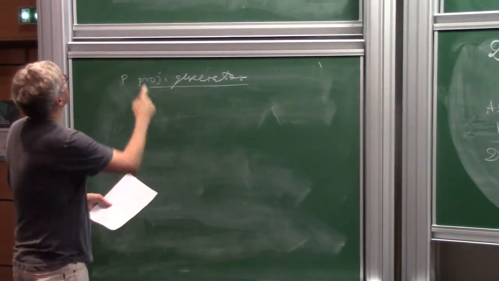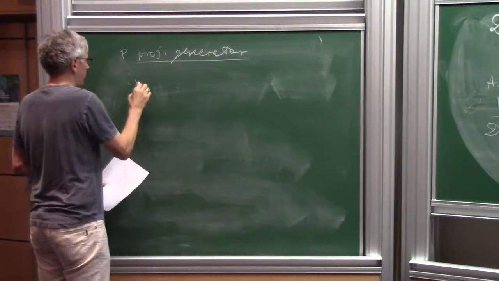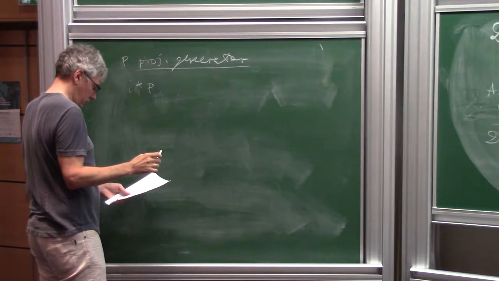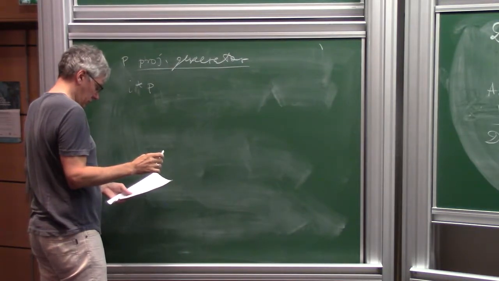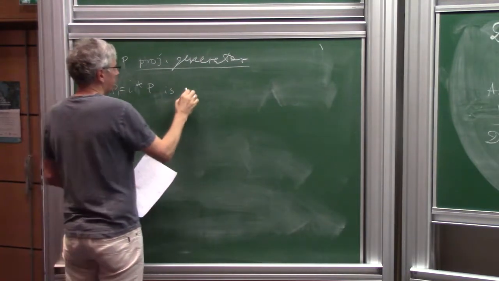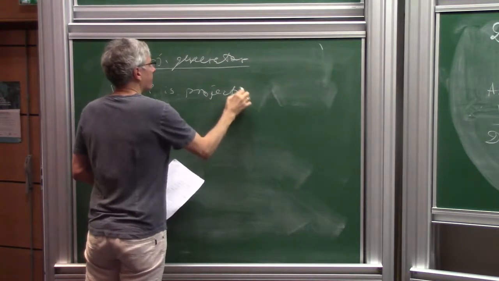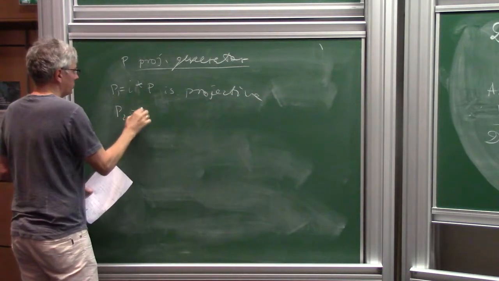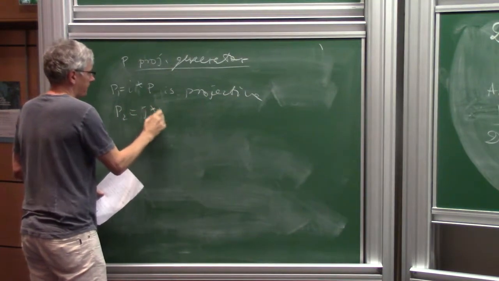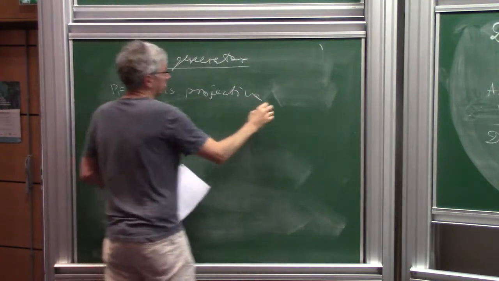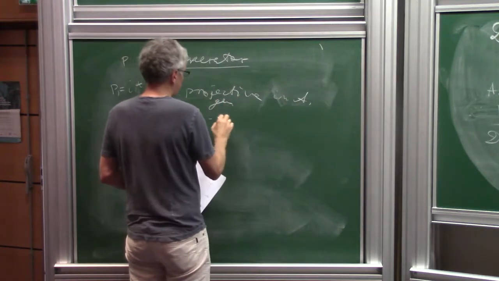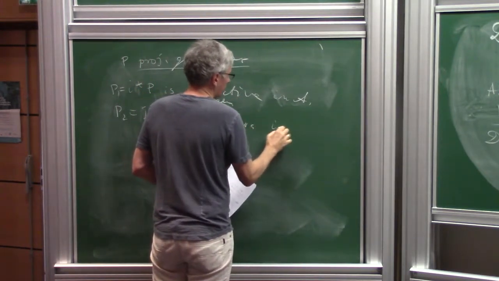Then under this condition, you have that i^*(P), say P1, is projective, and also j_!(P2) is projective, and j^*(P) also is projective. Of course, this is projective in A1, and this is a projective generator. So we start from a projective generator, and then projective generators in A.